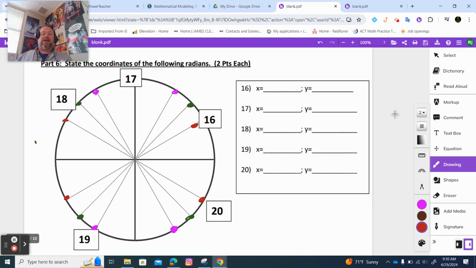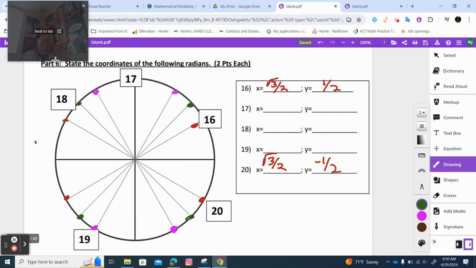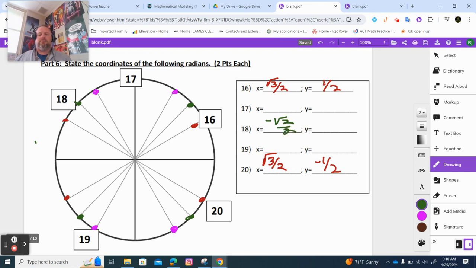So like this one, I need to make this better so you can write, okay. And then this one, yeah, it needs to be here. This is negative 2 root 2 over 2.